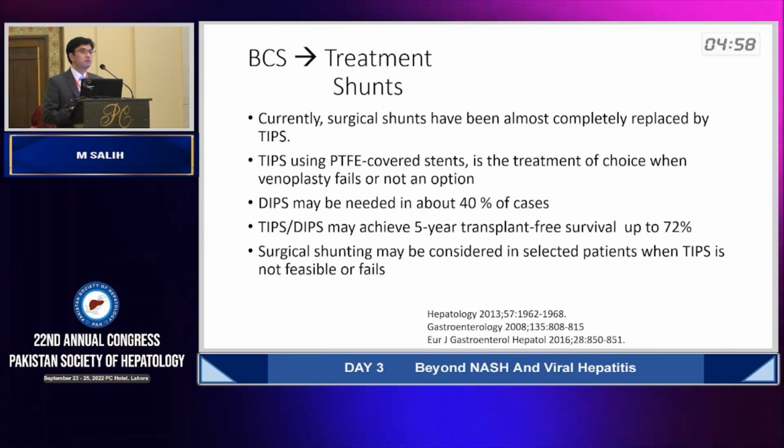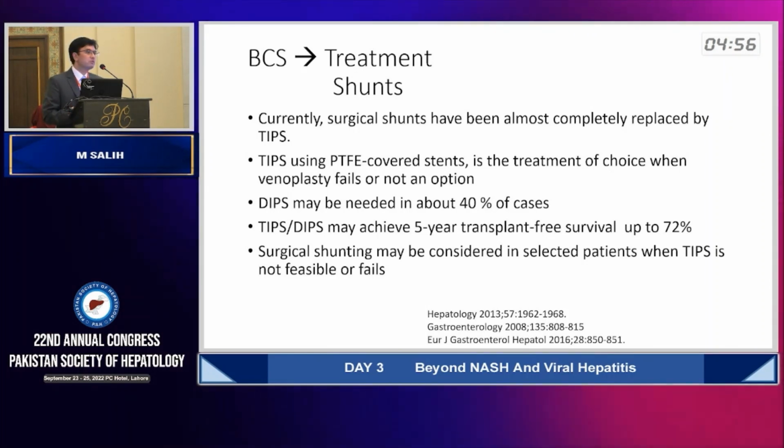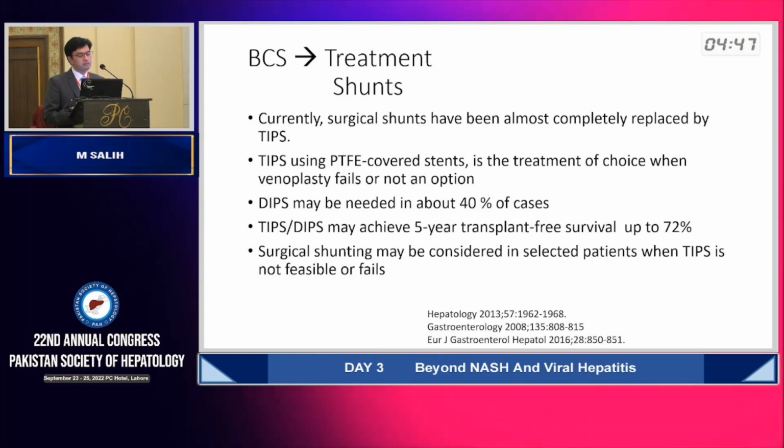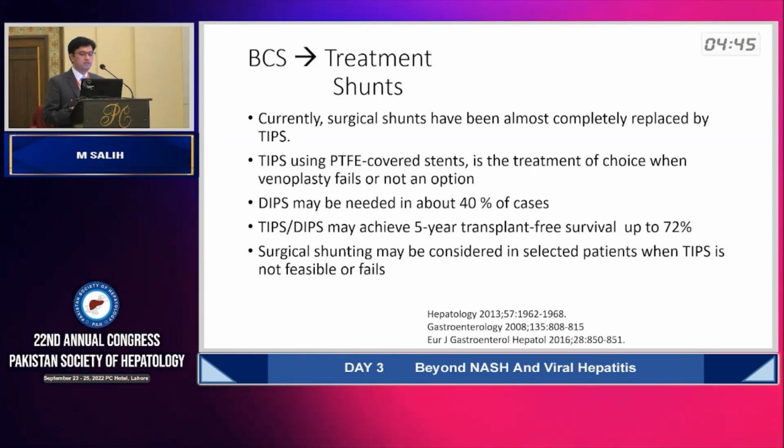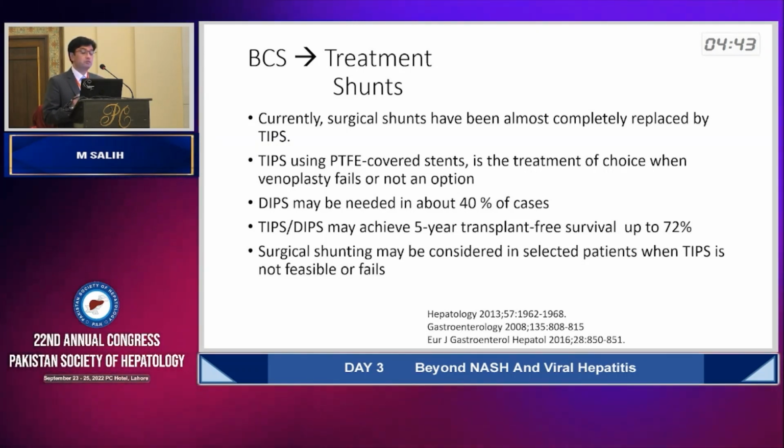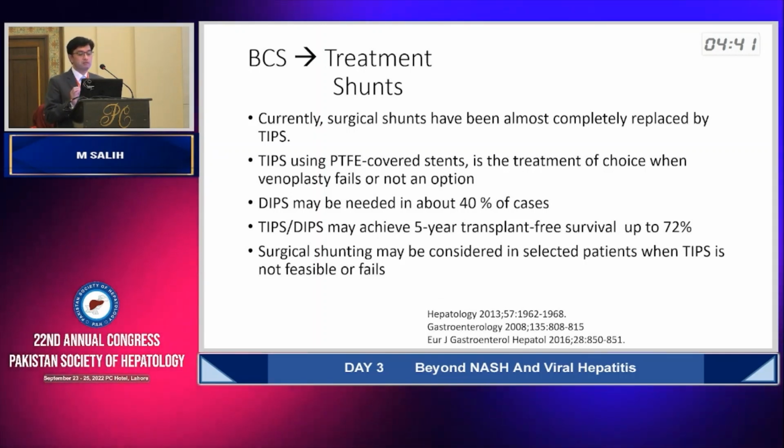As for shunts, shunt surgery has probably gone down as we have become more versed with TIPS, and it has taken over. TIPS with a PTFE-covered stent is the treatment of choice where venoplasty fails or is not an option.